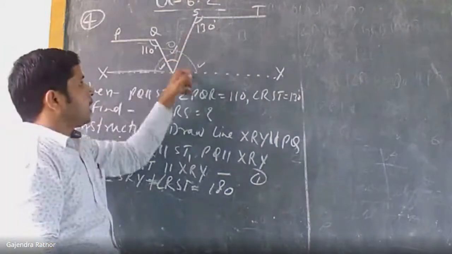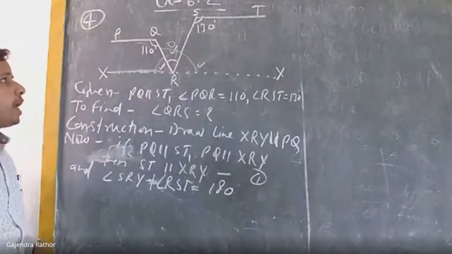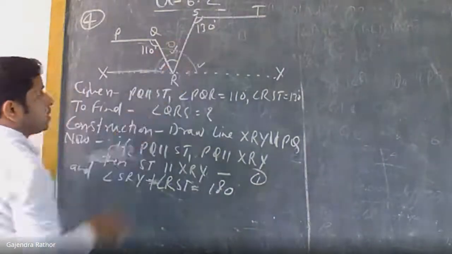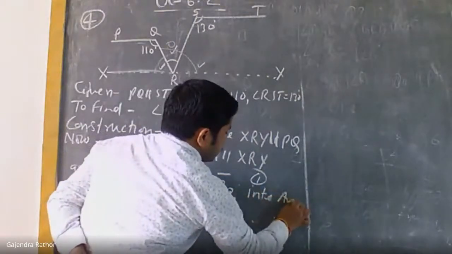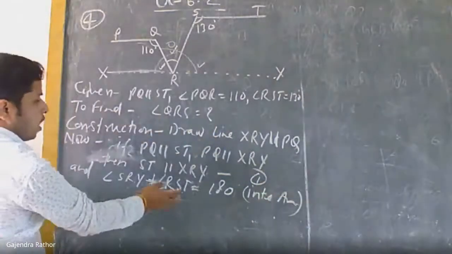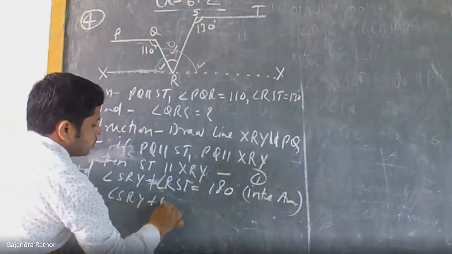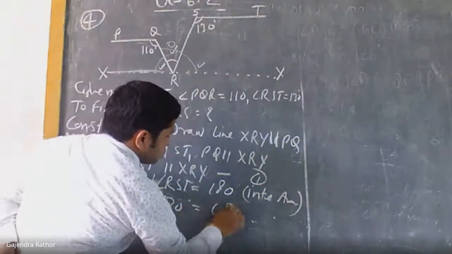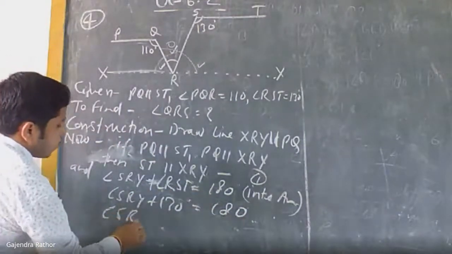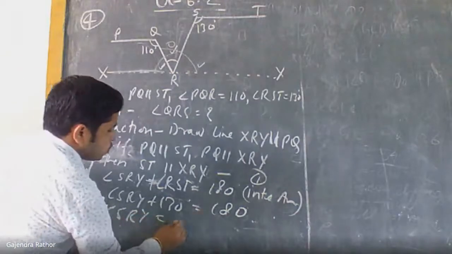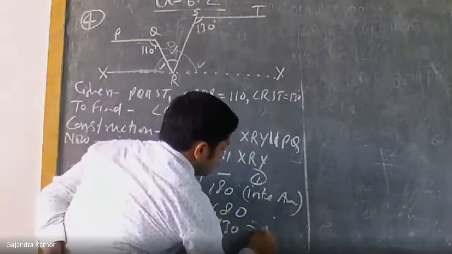Because these are the interior angles on the same side of the transversal. SR is the transversal. So we can write interior angles. Now RST is given 130. So SRY plus 130 is equal to 180. Transfer 130 to the RHS. SRY is equal to 180 minus 130, which is 50.